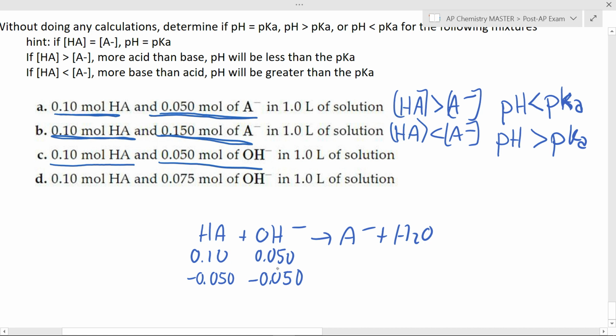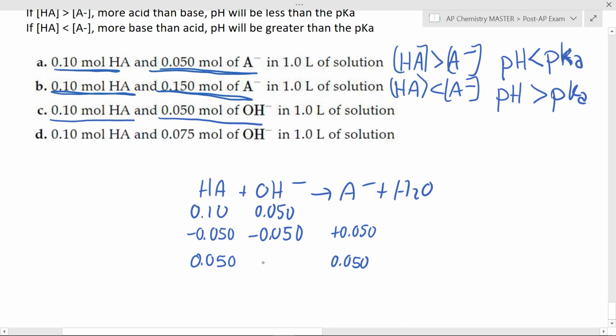So I got 0.1 and I got half as much base. So half of my acid is going to react and turn into A-. So my base gets all used up. And after they react, I'm going to have 0.05 moles of acid, and I'm going to have 0.05 moles of this conjugate base. What we have done here is we have just titrated something to the half equivalence point.